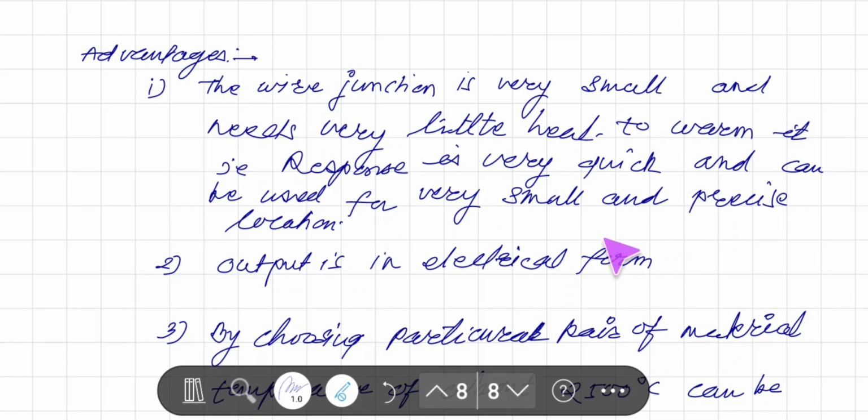And the third one is, if we select proper metals, using a particular pair of metals, we can even use it for measuring temperatures up to about 2500 degrees Celsius, just like using a tungsten-molybdenum thermocouple, it has a wide operating range. So these are the advantages of this kind of thermocouple.